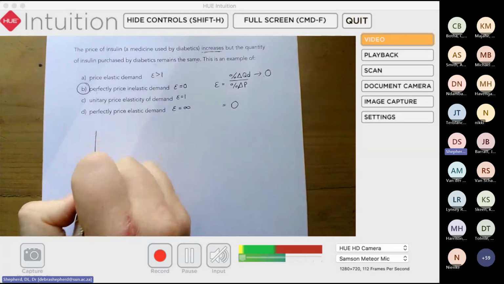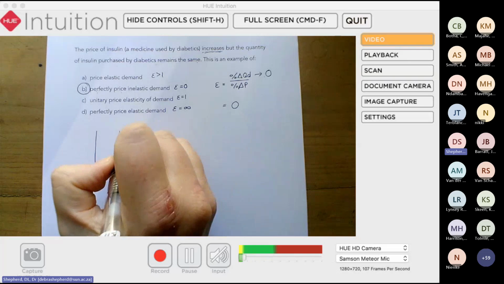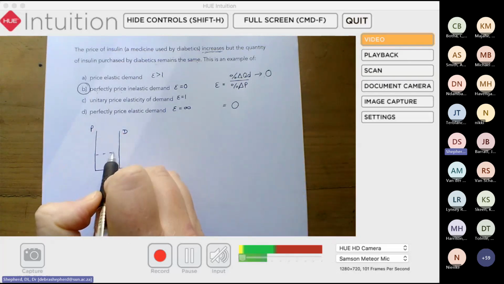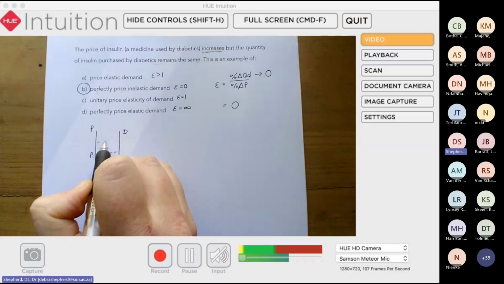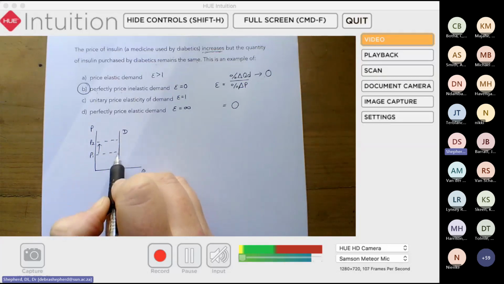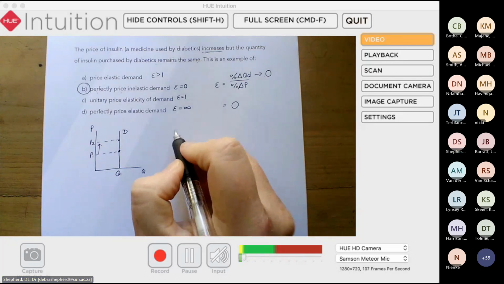How perfectly price inelastic demand looks is it is a vertical demand curve. And so if the price of this product had to increase, there would be no change in the quantity purchased.